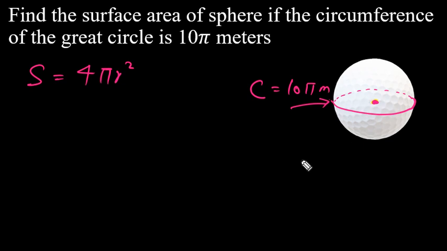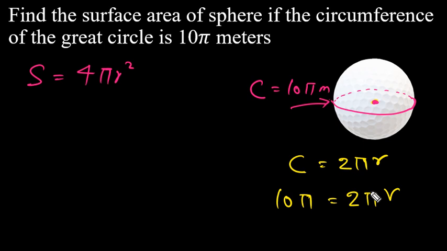The circumference of a circle is 2 pi r. This is given as 10 pi equals 2 pi r. Pi and pi cancel. 10 divided by 2 will give you 5. So r equals 5 meter.